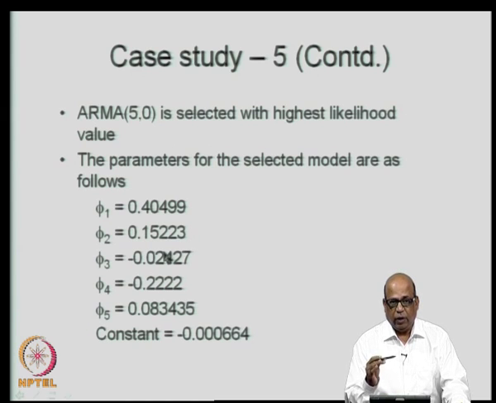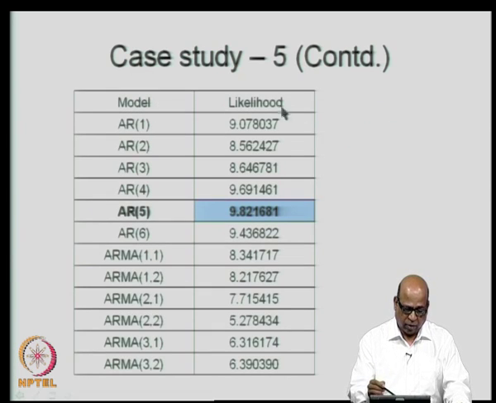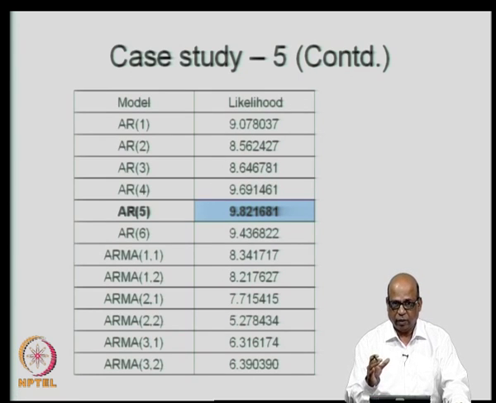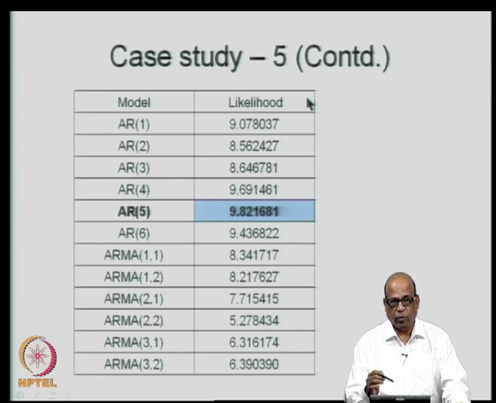Recall that we estimate the parameters by the Marquardt's algorithm or by the Armax function in MATLAB. So, when we were computing the likelihood values, the parameters for all of these models would have been estimated already, and with those model parameters in place, we would have simulated the data for the remaining part of the data, that is n by 2 values, and then obtained the associated likelihood values.